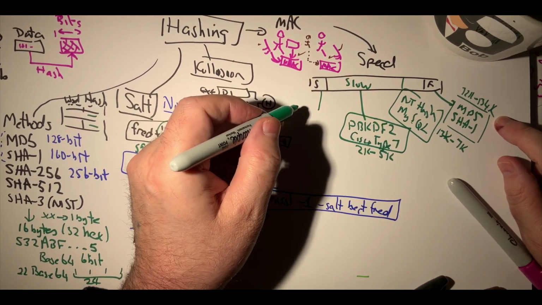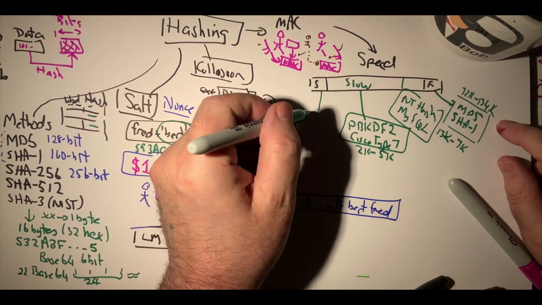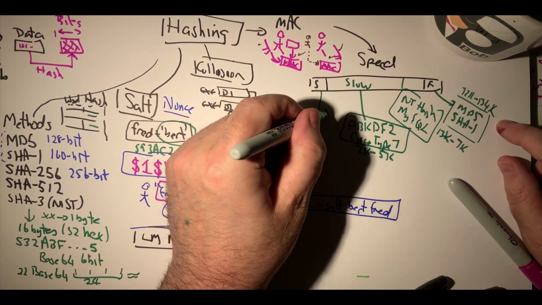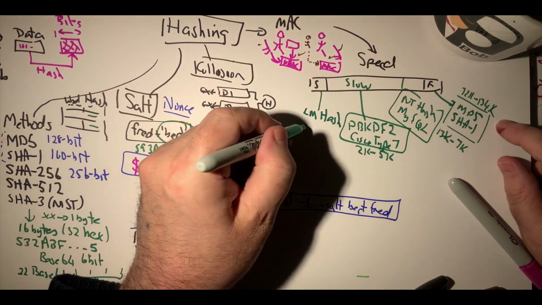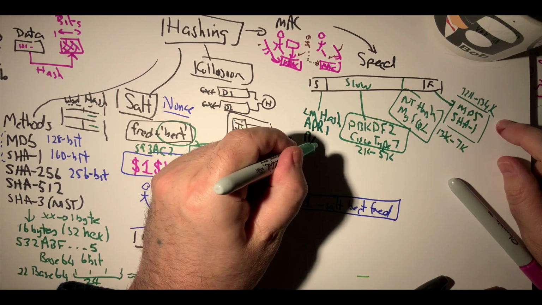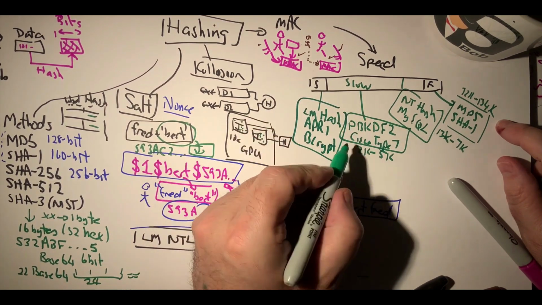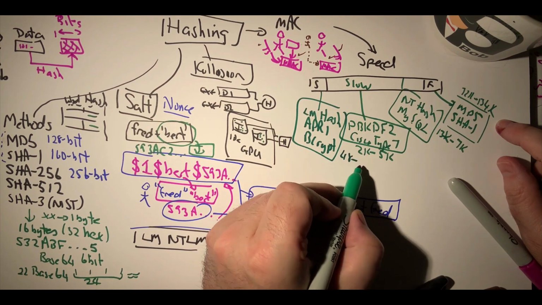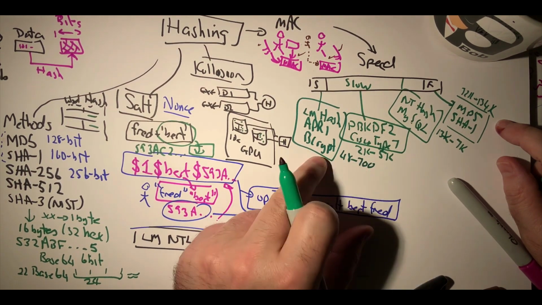And then the really slow ones are LM hash, as in the Windows systems, APR1 and bcrypt. And these methods go right down to between 48 and about 700 hashes per second.